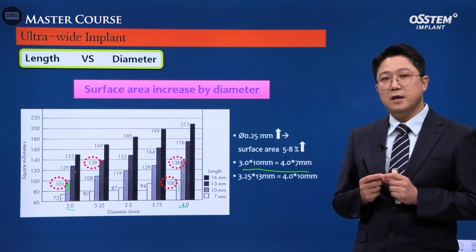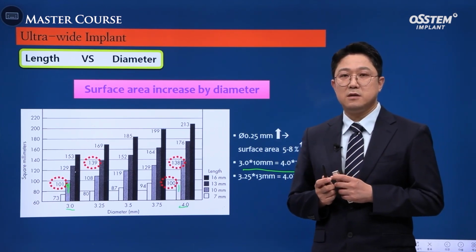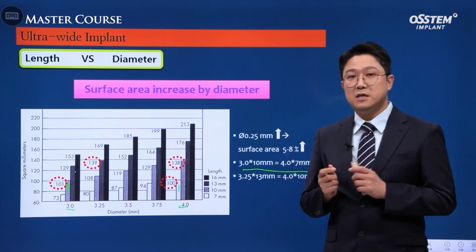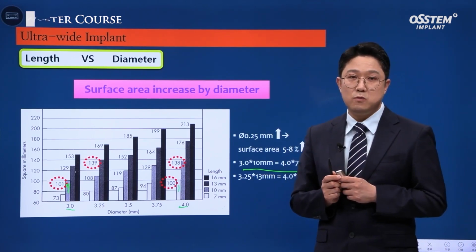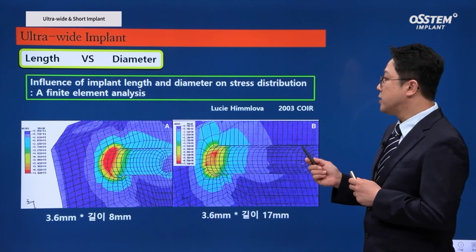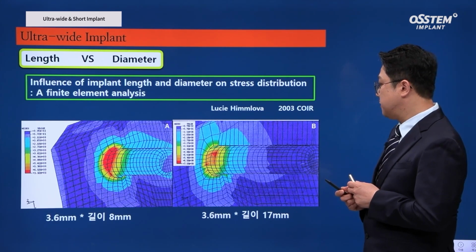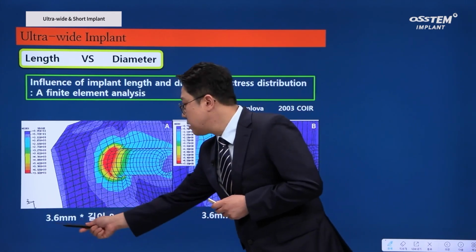Increasing length by 3 millimeters and increasing diameter by 1 millimeter show the same amount of increase in surface. Therefore, increasing diameter can lead to a more significant increase of implant surface.